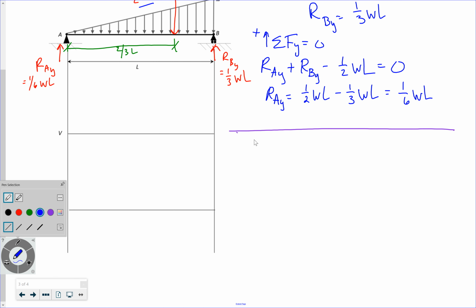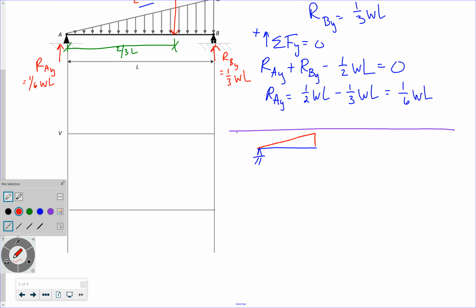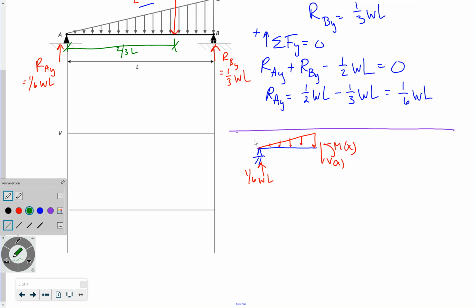All right, I have my beam, and acting on it is this triangular load. My reaction here is 1/6 WL, V of X, M of X.